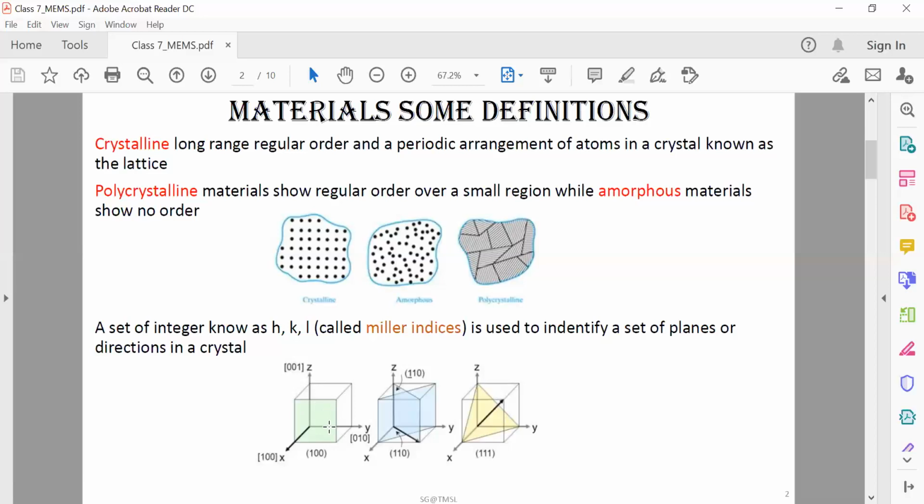Now if a plane is perpendicular, say this is X, this is Y, and this is Z. Okay, a plane on this axis here, and this axis, is according to this axis known as the 100 plane.